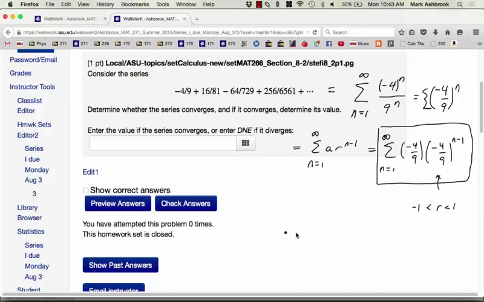So therefore, the sum is? Negative 4 over 9 times... no. A over 1 minus r is what we showed in class. That a convergent geometric series equals a over 1 minus r. What is a? Negative 4/9. What is r? Negative 4/9.